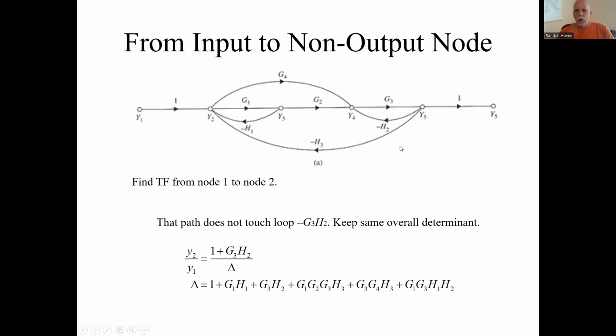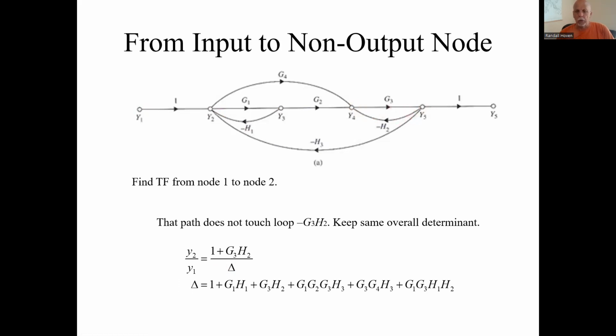Well, it's the same 4 loops. It's going to be the same determinant, the big delta on the bottom. That's the same one as we just did. But this path here from Y1 to Y2 doesn't touch this loop out here. It touches the other 3, but not that one.